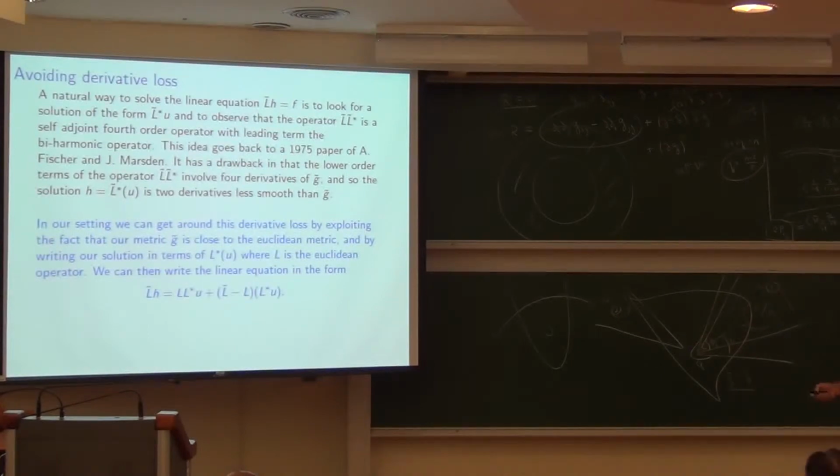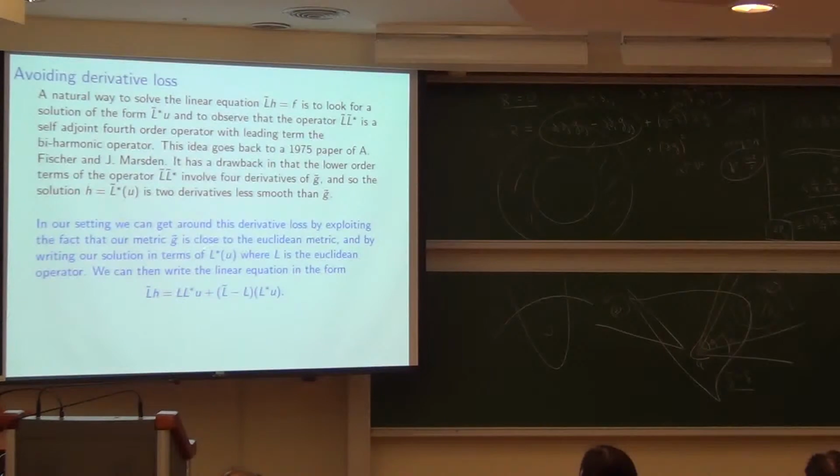The basic idea is that it really is just a question of how you parameterize solutions. This is a very underdetermined system, so there are many different ways you might try to parameterize solutions of it. The Fischer-Marsden way to do it is to use L tilde star u as the way of parameterizing, to make it a determined problem. But in our case, we have a nearby metric which is Euclidean. So our metric is actually quite close to Euclidean.